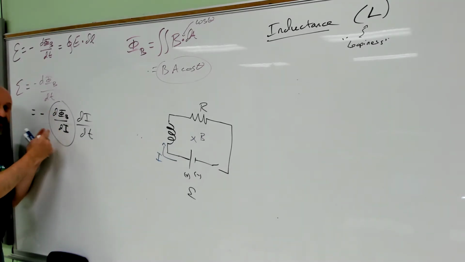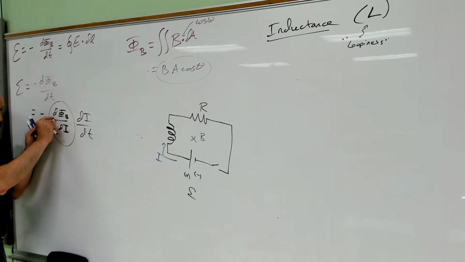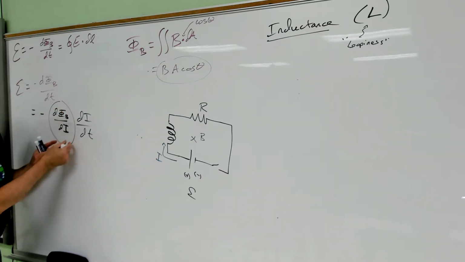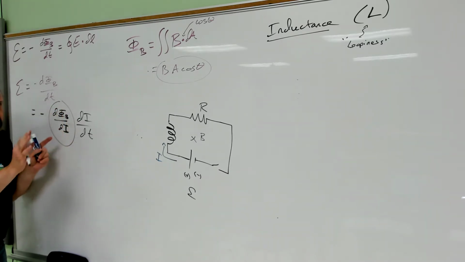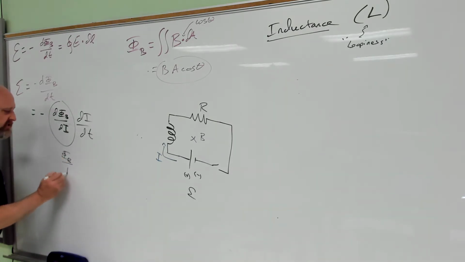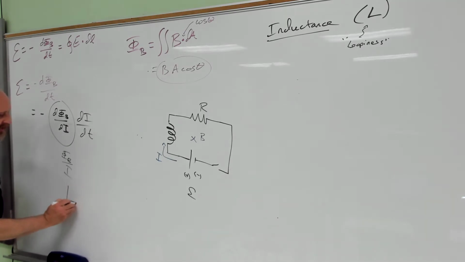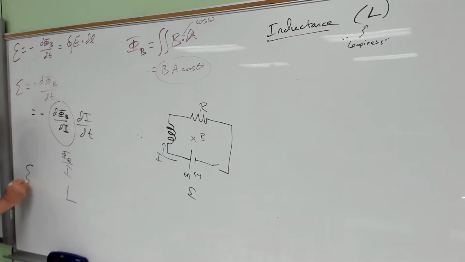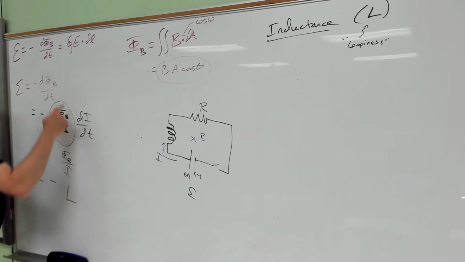It's that flux to current ratio. I get a little bit more flux when I have a little bit more current, right? It's going to be a direct relationship. And so we can just write that as the flux to current ratio, and flux to current, you say, hey, that's what we're going to call L. So this equation, my induced EMF, is negative L di/dt.